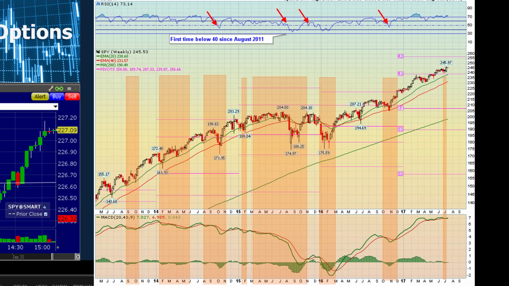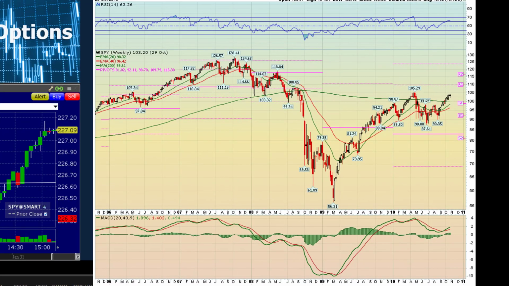To give you a better perspective of how this can be useful to you, let's go back and look at a period from 2006 to 2010, or what we call the Great Recession. First, at the bottom, you notice the MACD started moving down in mid-2007. It actually crossed the zero line in January of 2008. The MACD line corresponds with the 20-week moving average going below the 40-week moving average.